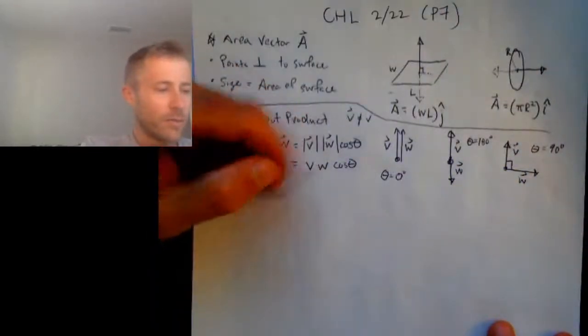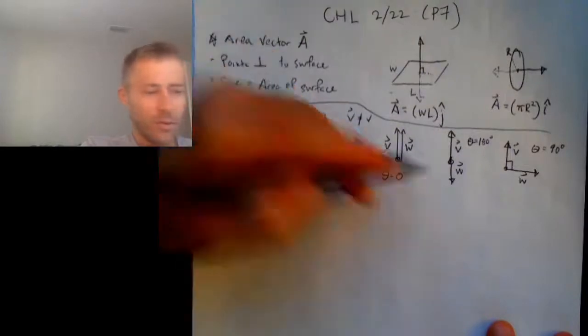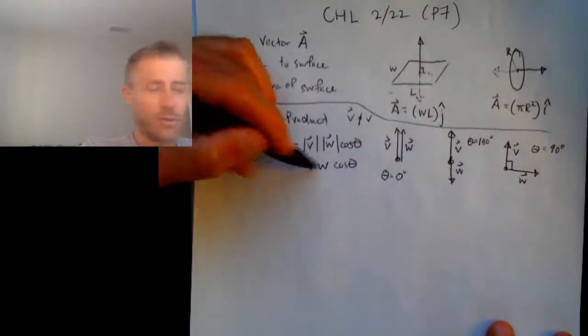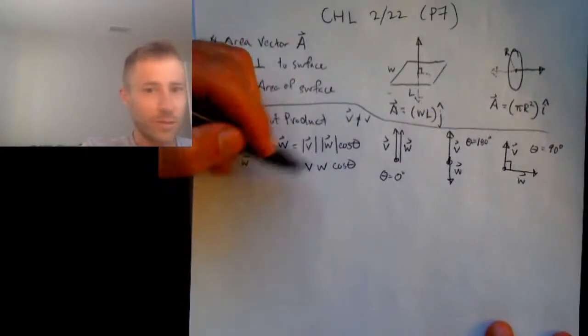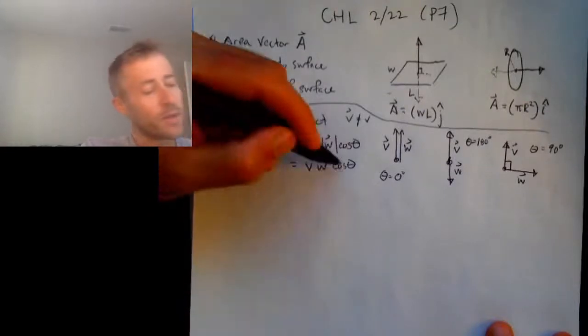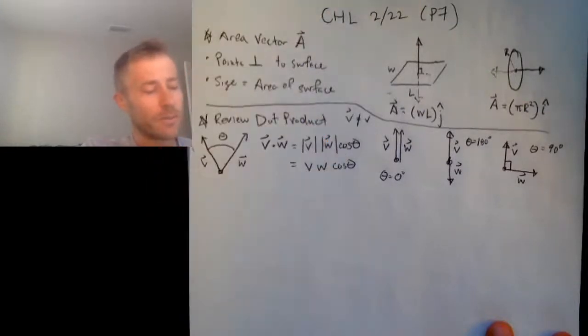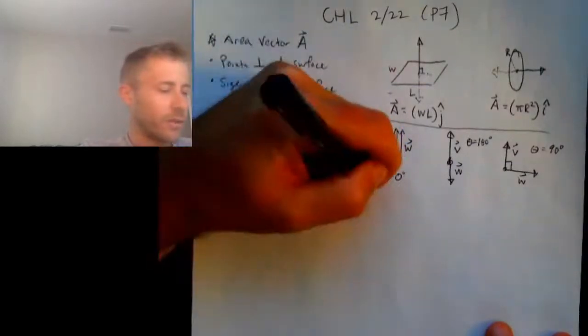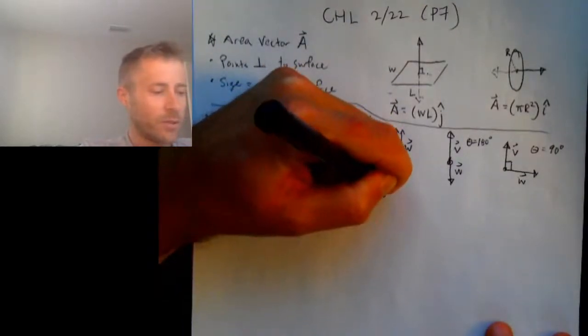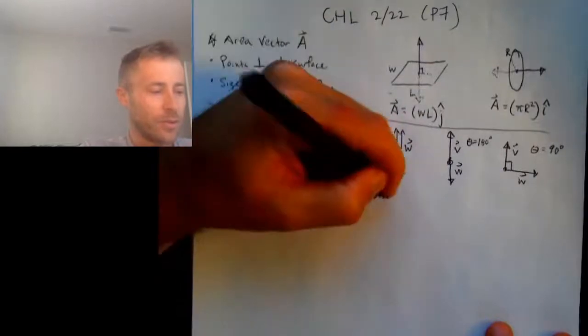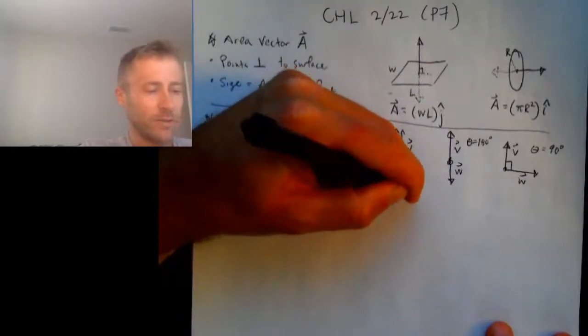So what does this mean? For all three of these cases, V and W are the same. The magnitudes are the same, but it's the angle that's changing. The cosine of 0 is 1, so in this case V dot W is just the product of the two magnitudes.